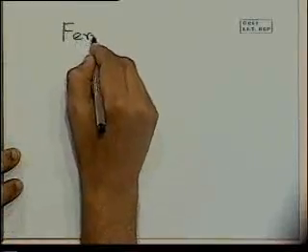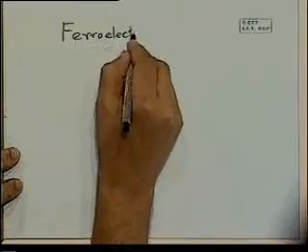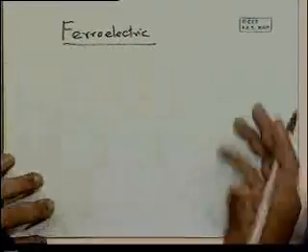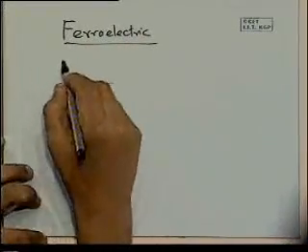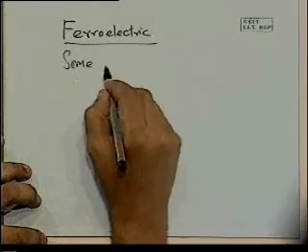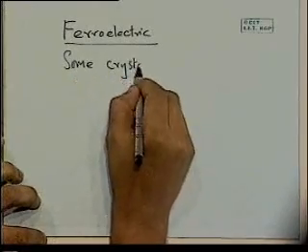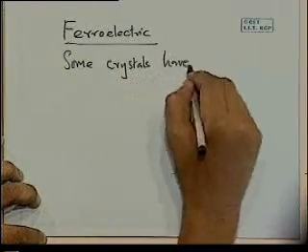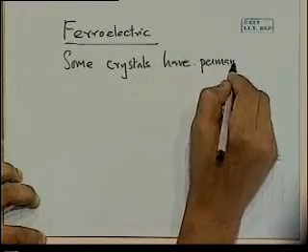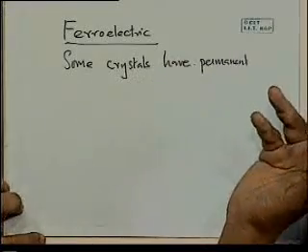We'll come to the next couple of effects rather quickly in the interest of time. Ferroelectric and pyroelectric crystals. Now, some crystals have got permanent dipole moments, whether there's a field or not. We noted some of those earlier. In form of gas, we had seen HCl.